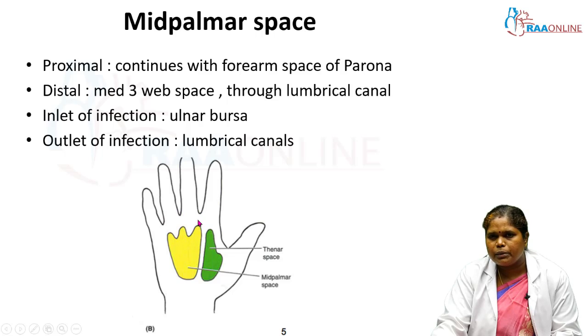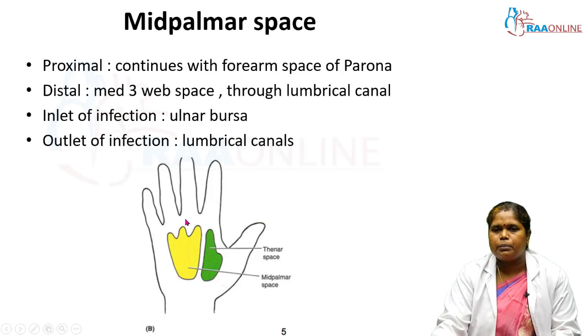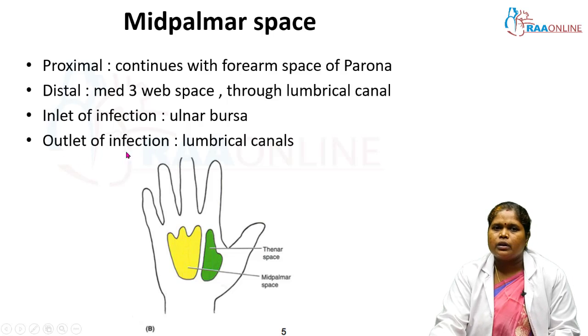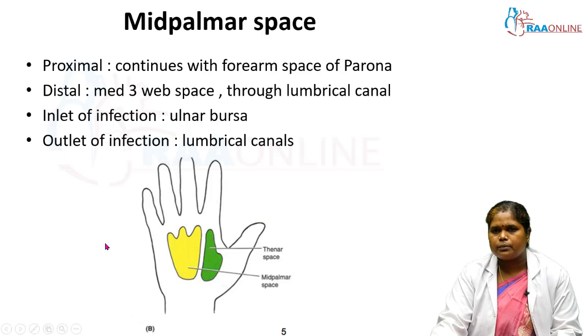So, through this it will be continuous to the web space. If we open this web space, we can let out the pus from the mid-palmar space. So, that is the meaning of outlet of infection. So, the outlet of infection will be the lumbrical canals and web spaces. Okay. So, this is about the mid-palmar space.